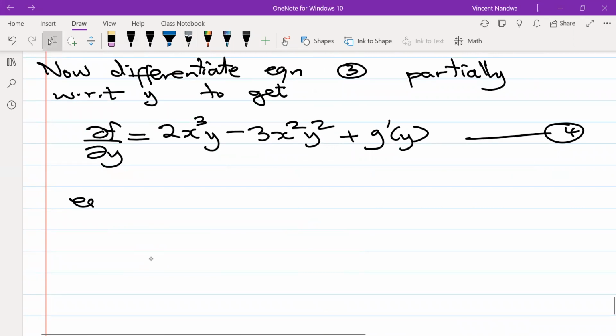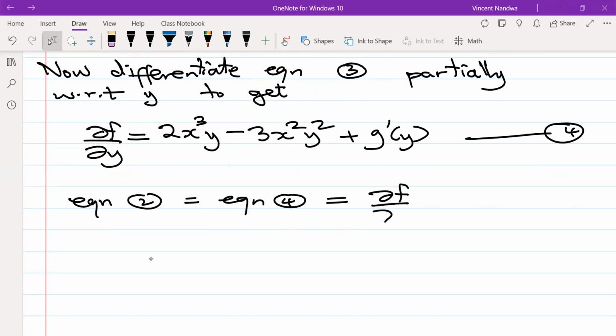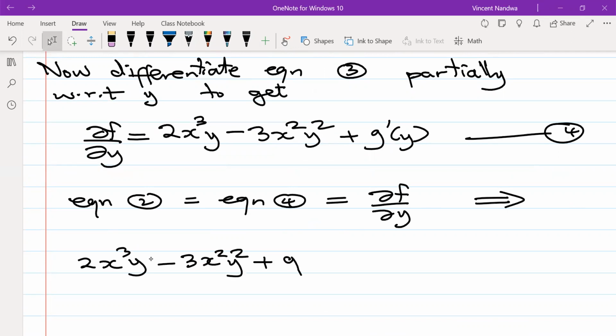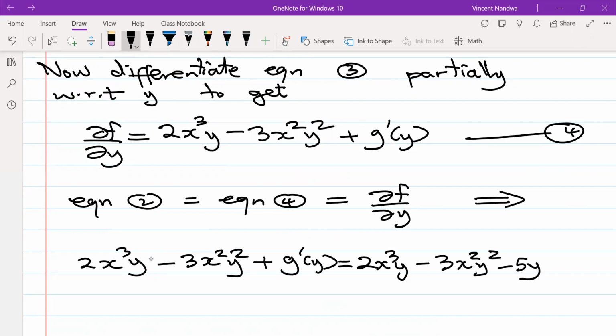This implies that 2x^3y - 3x^2y^2 + g prime of y should give us 2x^3y - 3x^2y^2 - 5y^4.